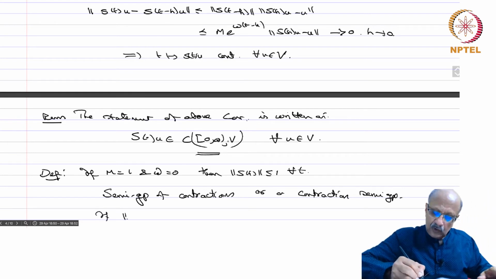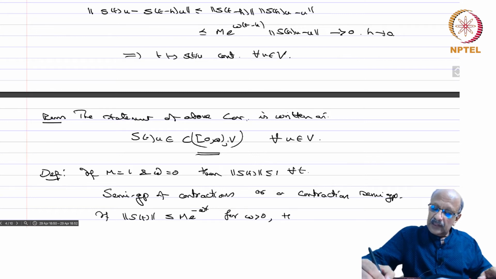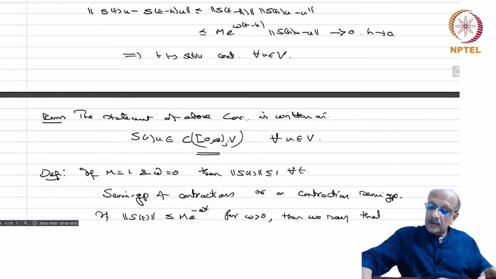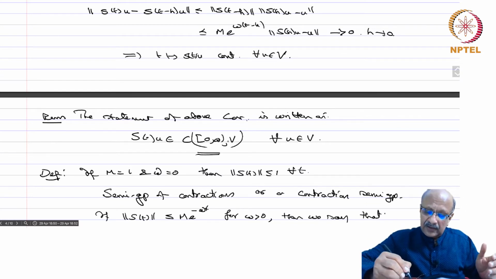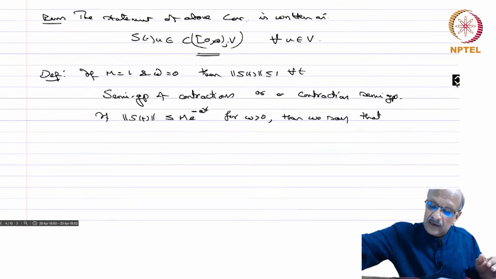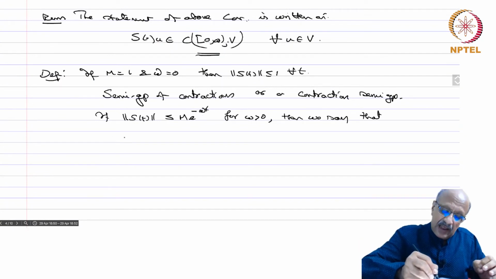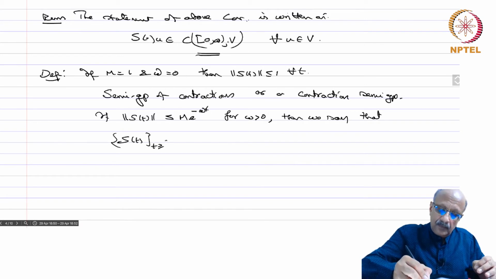If norm of S t is less than or equal to M times e power minus omega t for omega greater than 0, then we say that is also possible. I mean, we showed that it is less than M e power omega t, that is a general number which we have got, but in reality it can happen that it can also be less than this, and then we say that S t is exponentially stable.